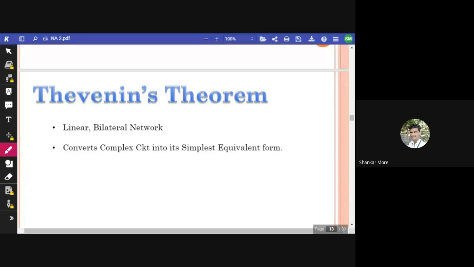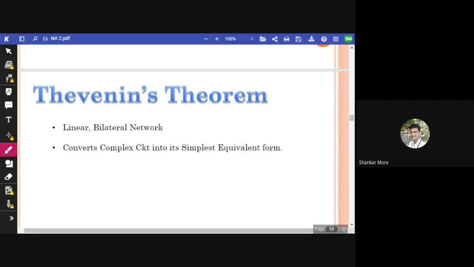Now, what is the purpose of Thevenin's theorem? Why do we use this theorem, and why is it necessary? It converts a complex circuit into its simplest equivalent form. Let us suppose we are given one bulky complex circuit and we need to simplify it. Then this theorem is useful.